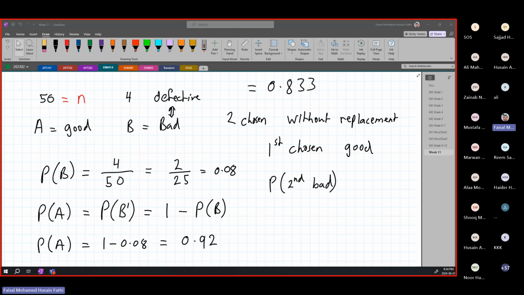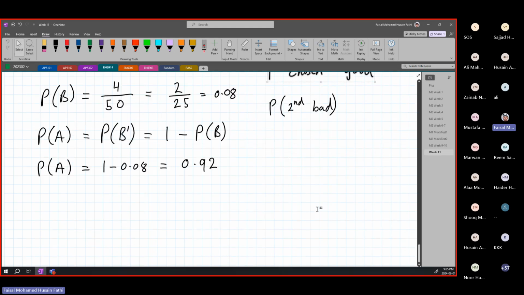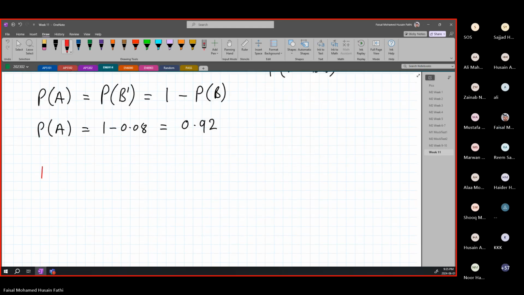Now, we have our good and we have our bad. The first one chosen is good. So our first choice is good, meaning the probability of A is equal to 0.92.